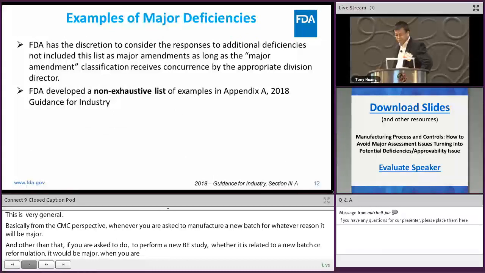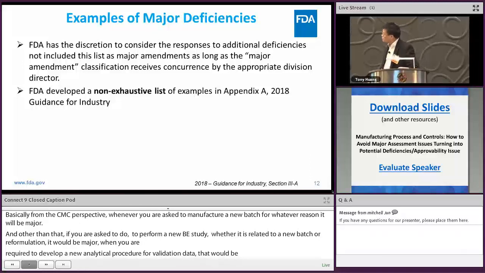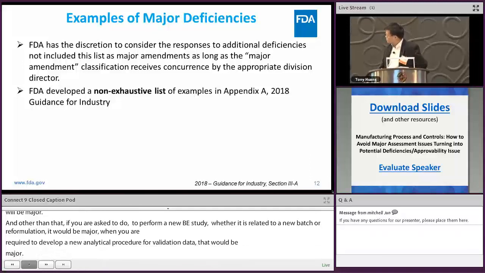So the FDA, as always, has the discretion to consider the responses to additional deficiencies not included in this list as major amendments, as long as our appropriate division director concurs.